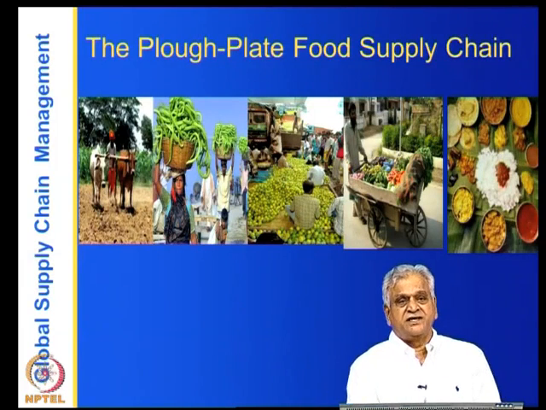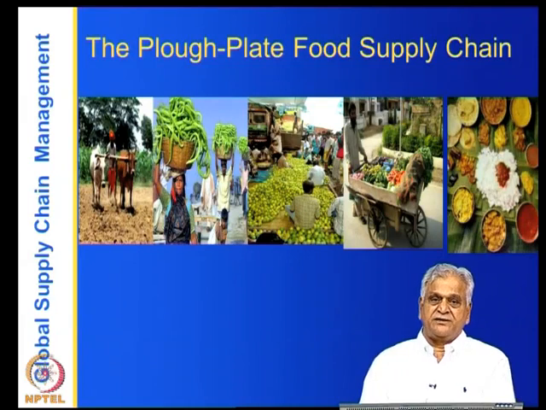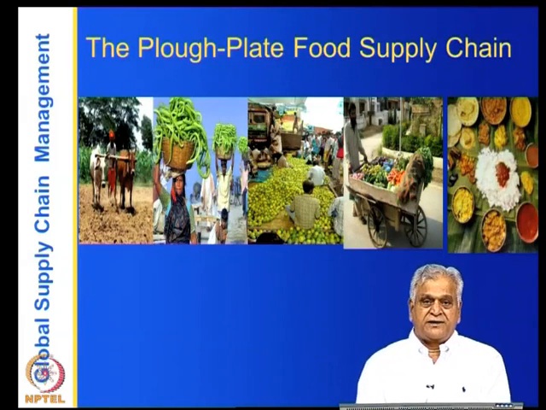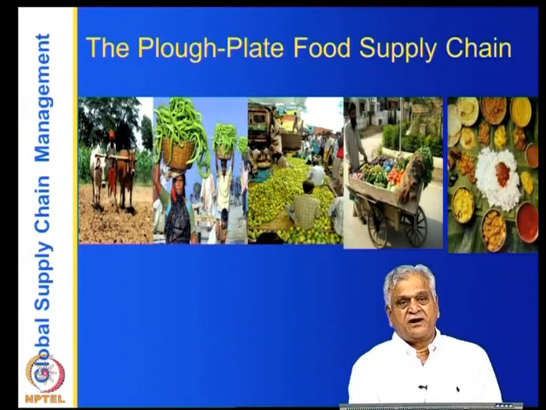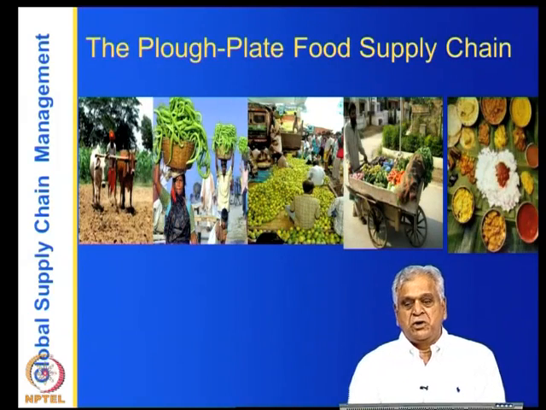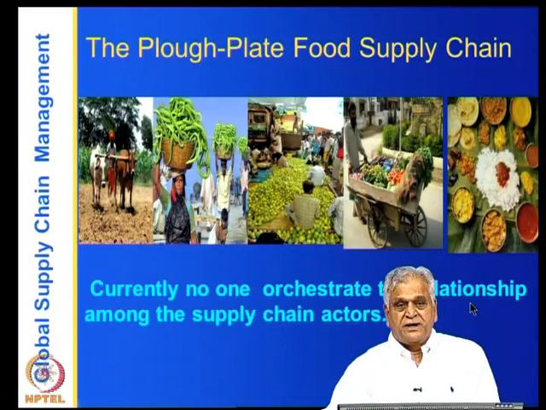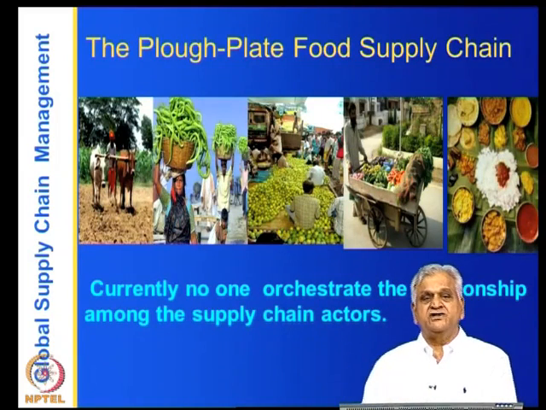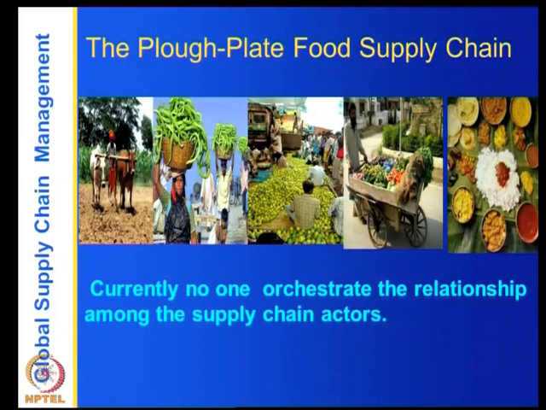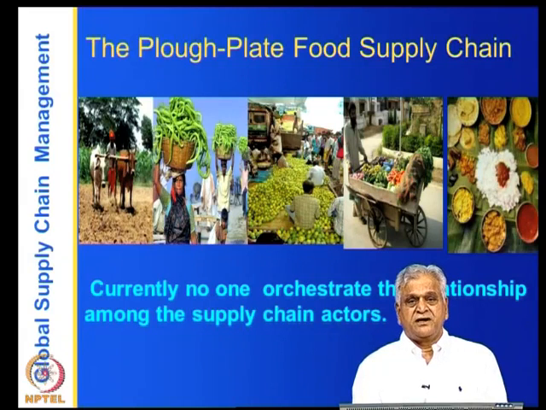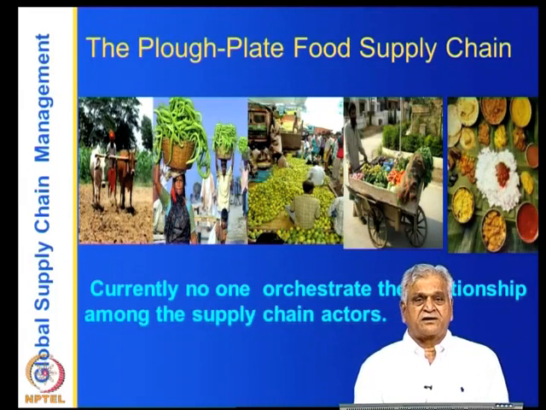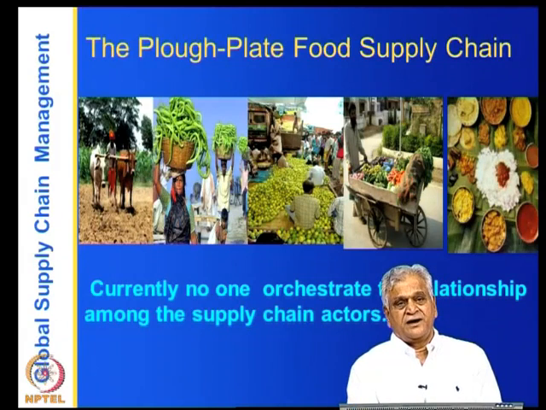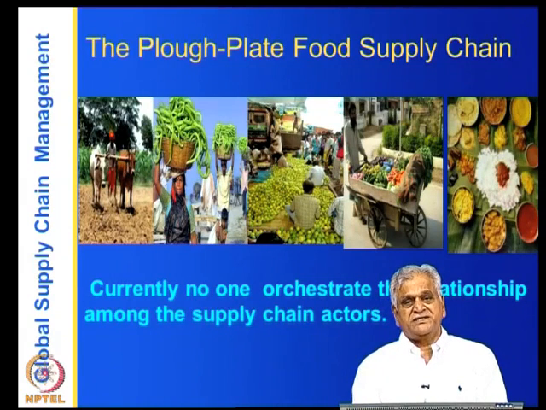Now here you can see that the supply chain is ad hoc, and it goes from end to end, and basically nobody is orchestrating the relationship among the supply chain actors, which means if a retailer wants to get something, he goes to the mandi or the distribution center, and so on. So basically the actors are not connected in this.